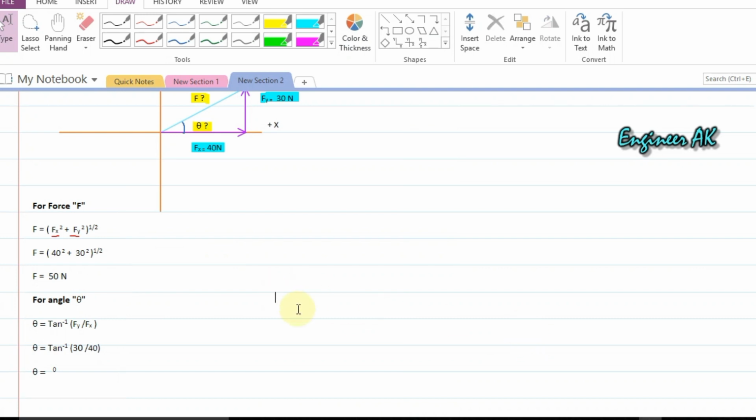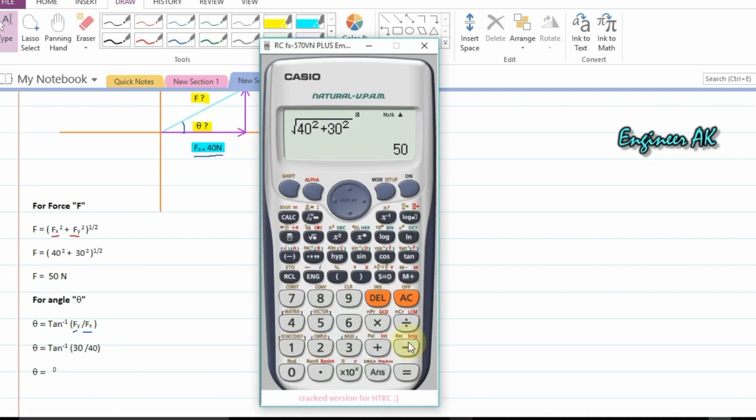Now we know that for the angle we take tan inverse of f of y and then f of x. So f of y is 30 and f of x is 40, so 30 divided by 40. Let's see what it yields. Tan inverse of 30 divided by 40, here we go.